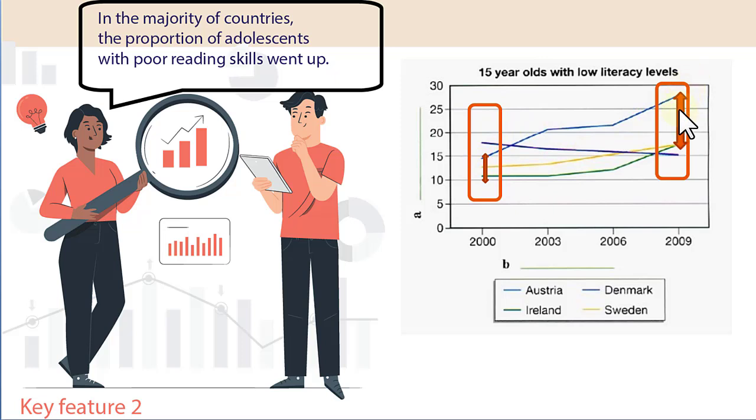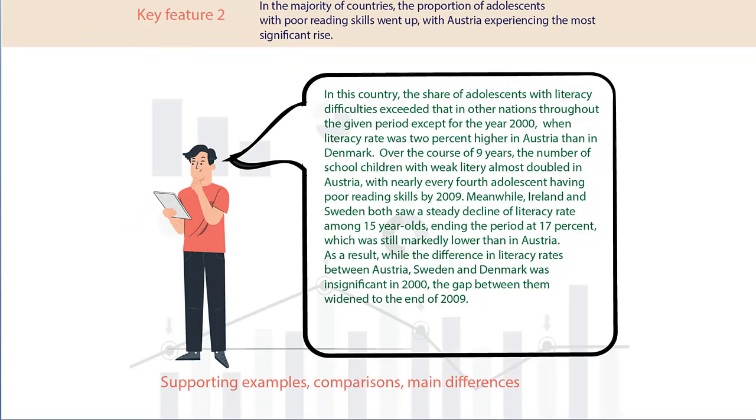These are important changes to highlight, and they also offer an opportunity to make comparisons, which is highly important once again. So we have the following. So remember, this is our second key feature, and these are the details that we have just highlighted, the main important differences.